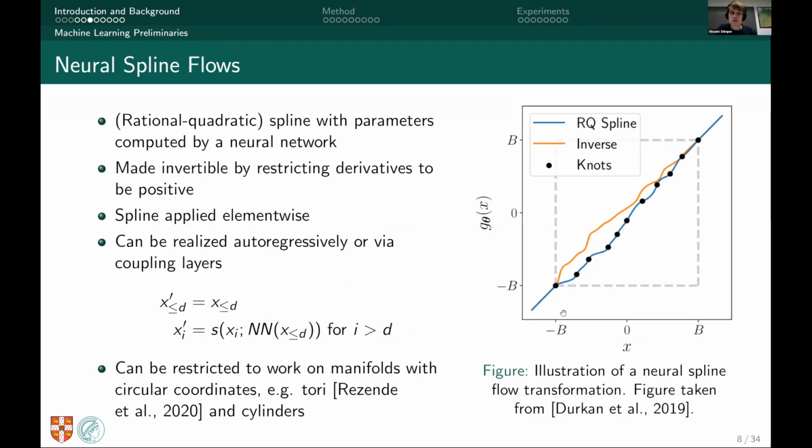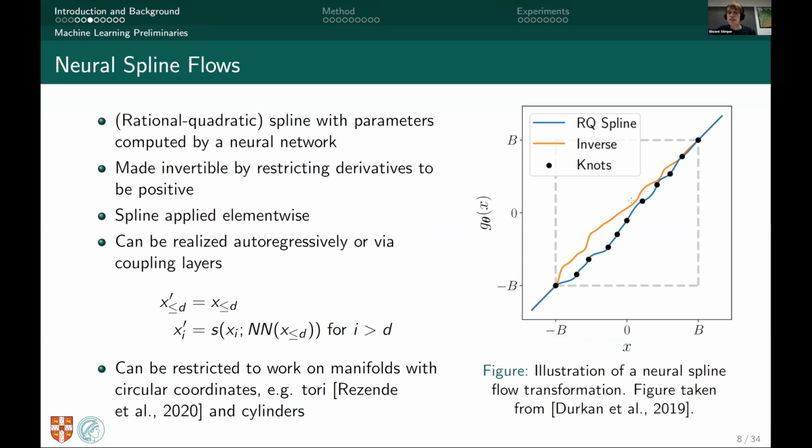One flow architecture that we use a lot in particular is the so-called neural spline flow, which usually uses rational quadratic splines, though of course it could also be another kind of spline, with the parameters of the spline being computed by a neural network. On the right side of the slide, you see that a spline consists of a set of knots, and the spline connects those knots in a smooth way so that the derivative is also kept continuous.